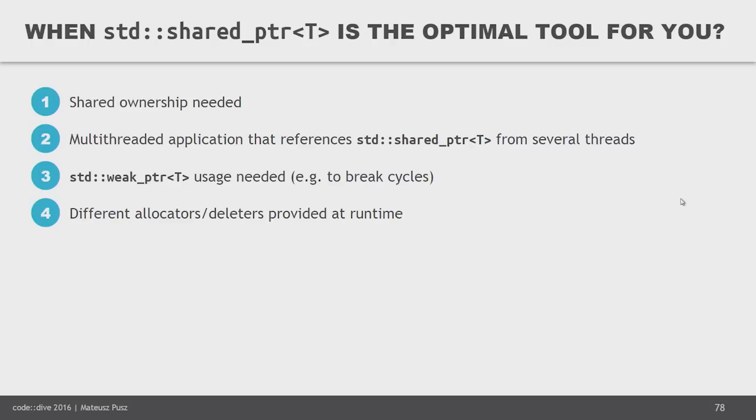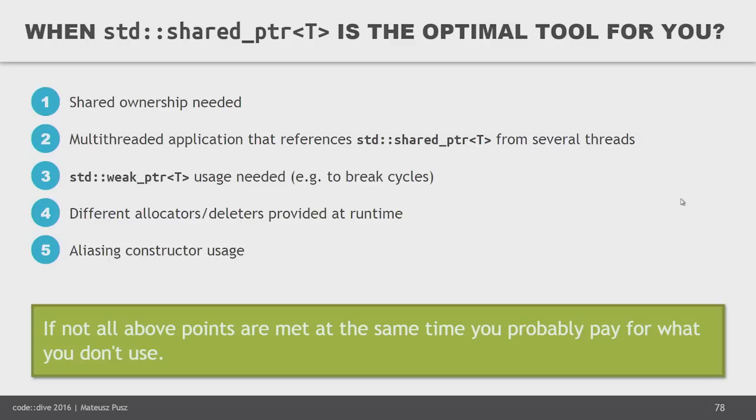In writing the application, you don't know which allocators and deleters will be provided to your shared pointer instance at any time. So they will be determined at runtime, and you use type erasure. You are using the aliasing constructor. If all of those cases are covered at the same time in your application, then shared pointer is an optimal tool for you.